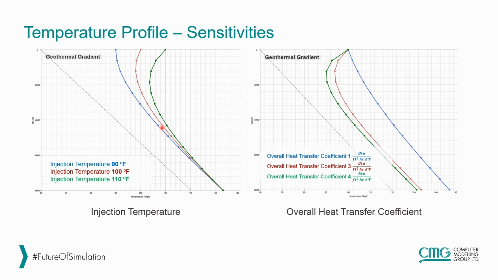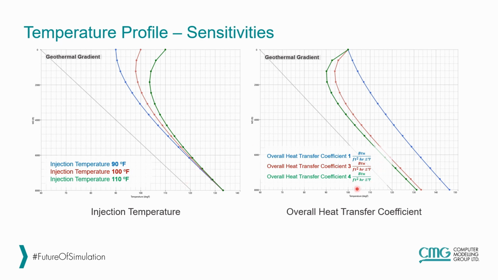And this is happening because when we give enough time for CO2 to exchange heat with the formation, they are all going to approach the same temperature, and the overall slope is being determined by the geothermal gradient.